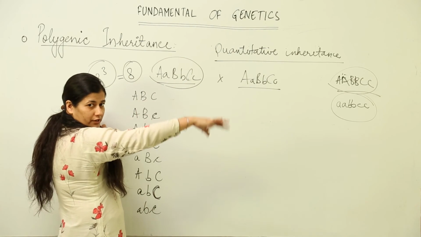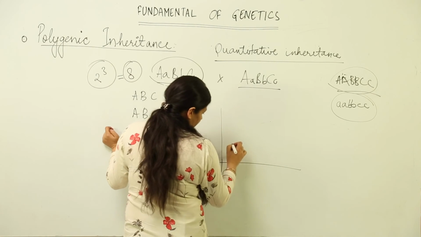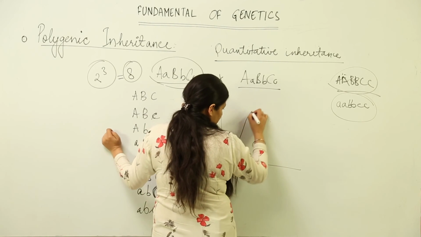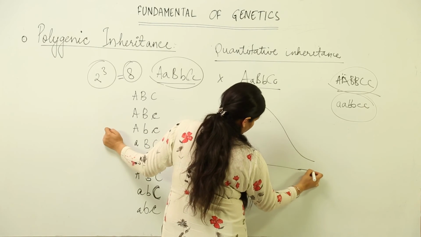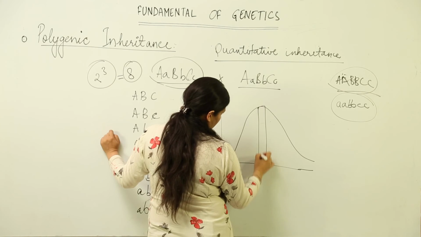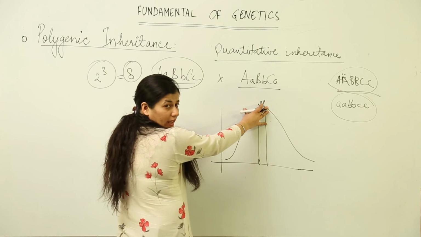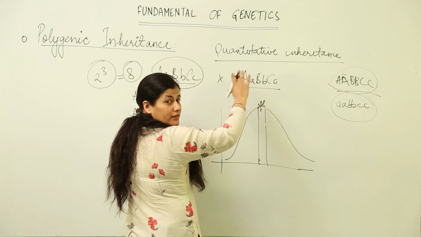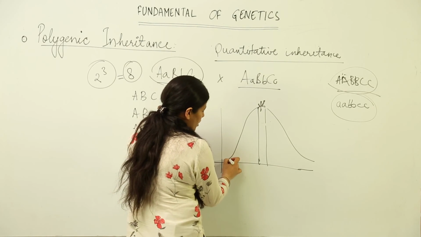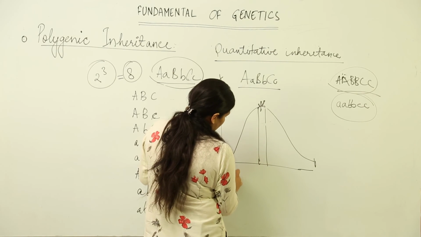When you figure out the Punnett square, what you're going to find is that the genotype, if represented in the form of a graph, forms a bell-shaped graph where the individuals which are having an intermediate phenotype are maximum in number. Those which have extreme, over here you're going to find AA.